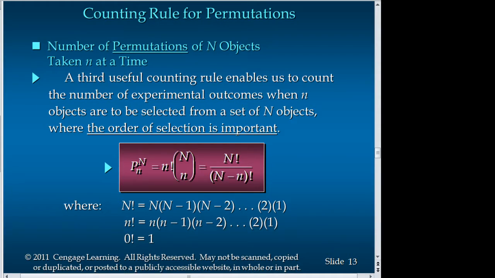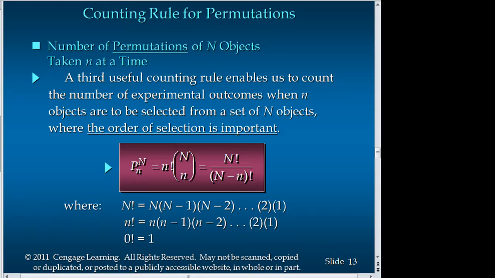For example, let's say you have a group of, say, 8 students, and you are picking 1 president and 1 vice president. Well, the one who got picked first is going to be the president, and the one who got picked second is going to be the vice president. In that case, order matters.